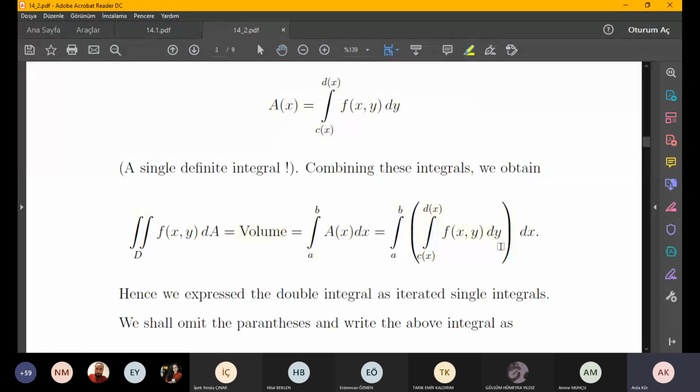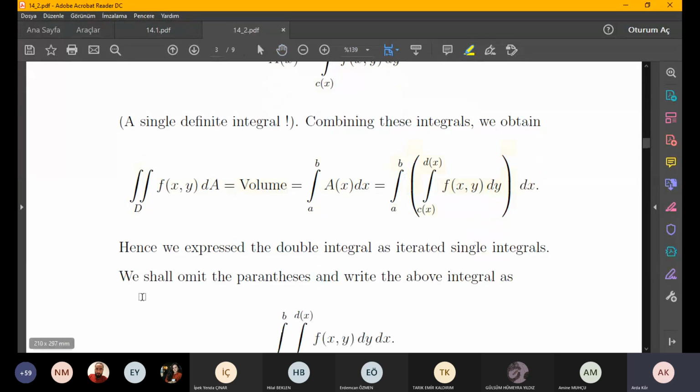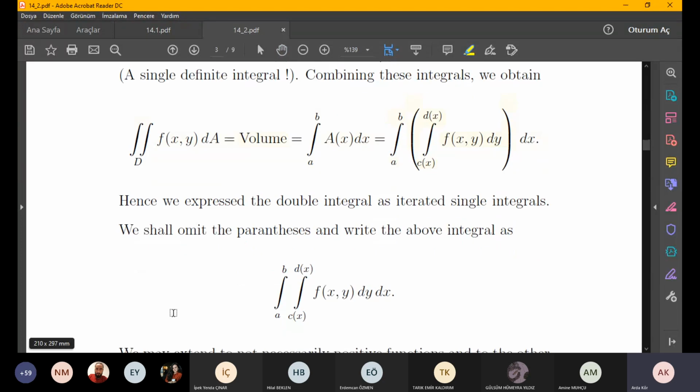So this is the expression of the double integral as iterated simple integrals, because we define A(x) as a definite, single integral, and after that again we use another single integral here.